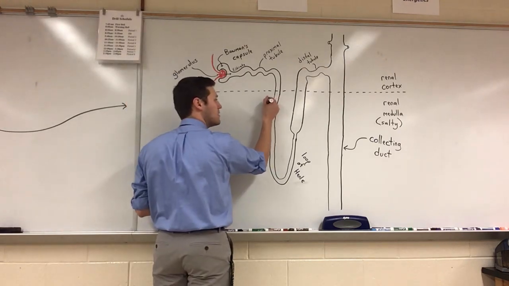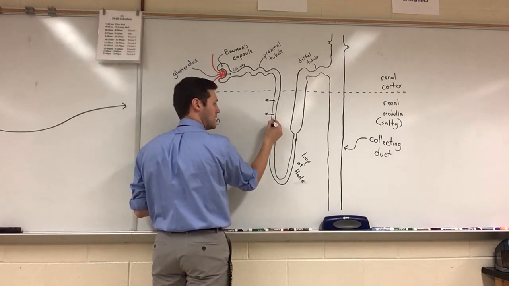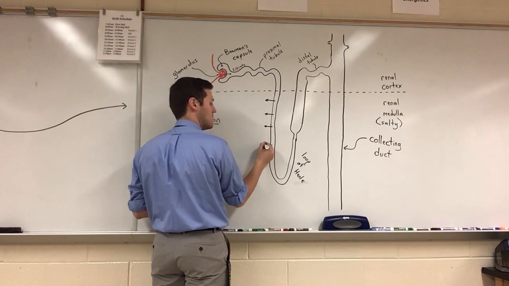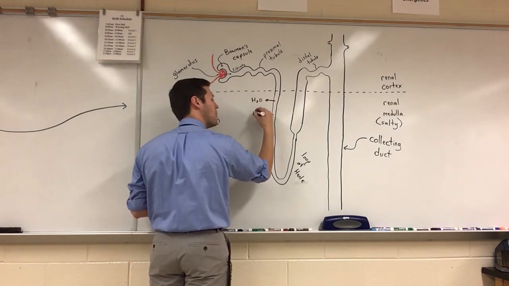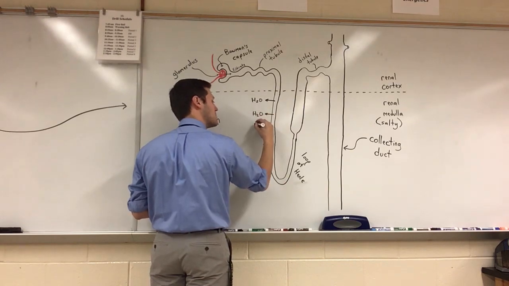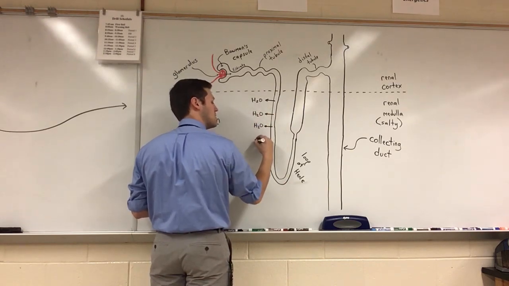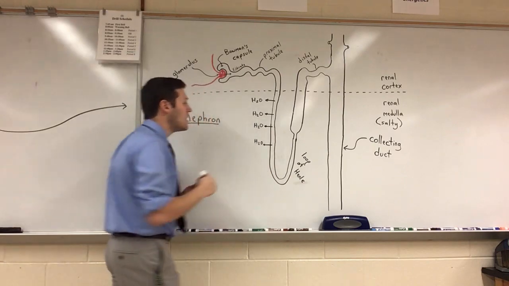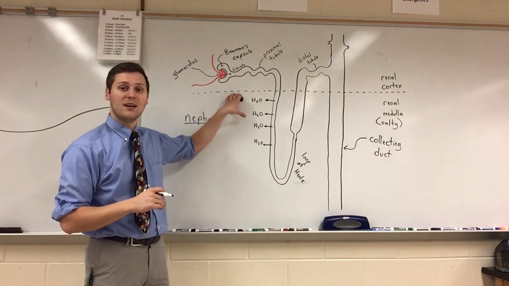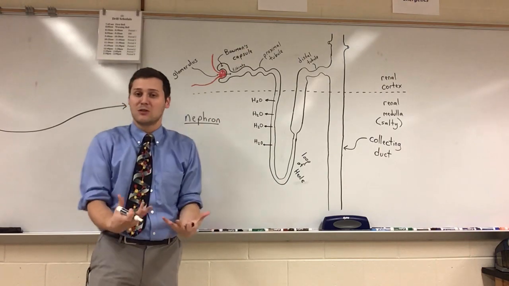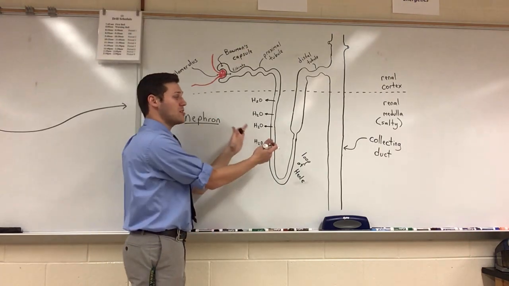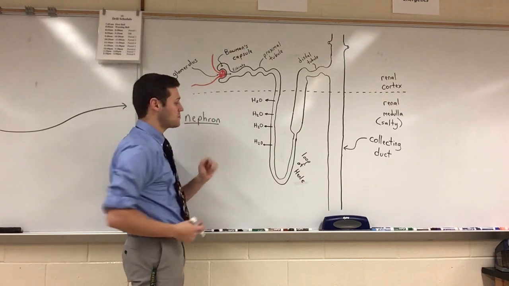So I'll draw some arrows here to show that water, H2O, is being pulled out by the process of osmosis. And that's because the renal medulla gets saltier and saltier as we go down. So there's more solute there, and therefore the solvent, water, is going to be pulled out.